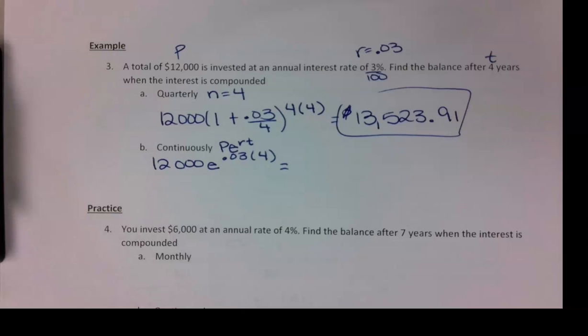Remember, the e button is, you have to go second, and the LN button is right next to 4.